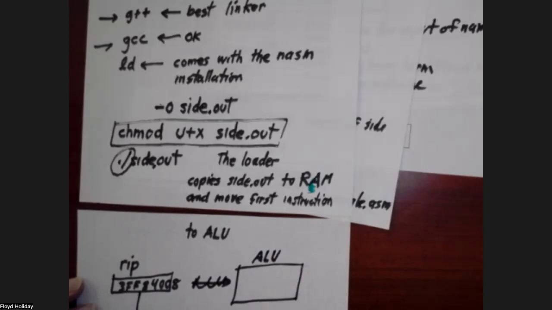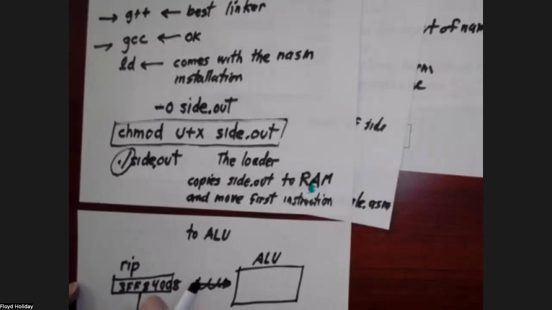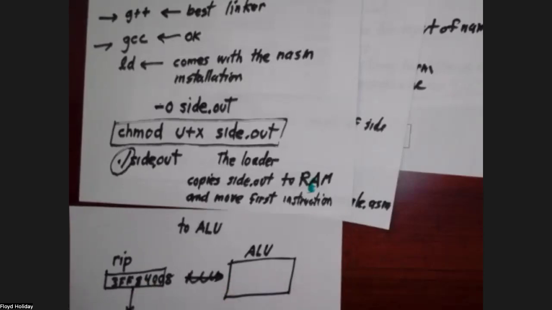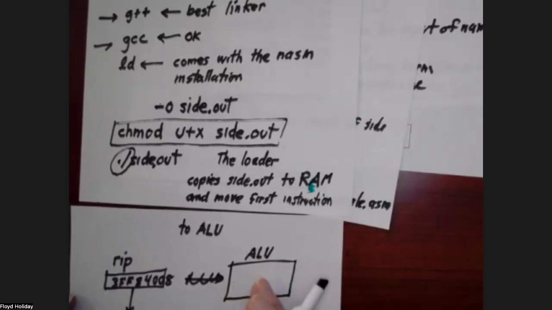And in memory, there's an instruction that starts right there and it goes here. To kick things off, that one is copied into the ALU unit, and then it looks at the coding and says, oh, this is a move statement from RBX to RCX or whatever it is, and then it carries that out in electricity. It performs that work.